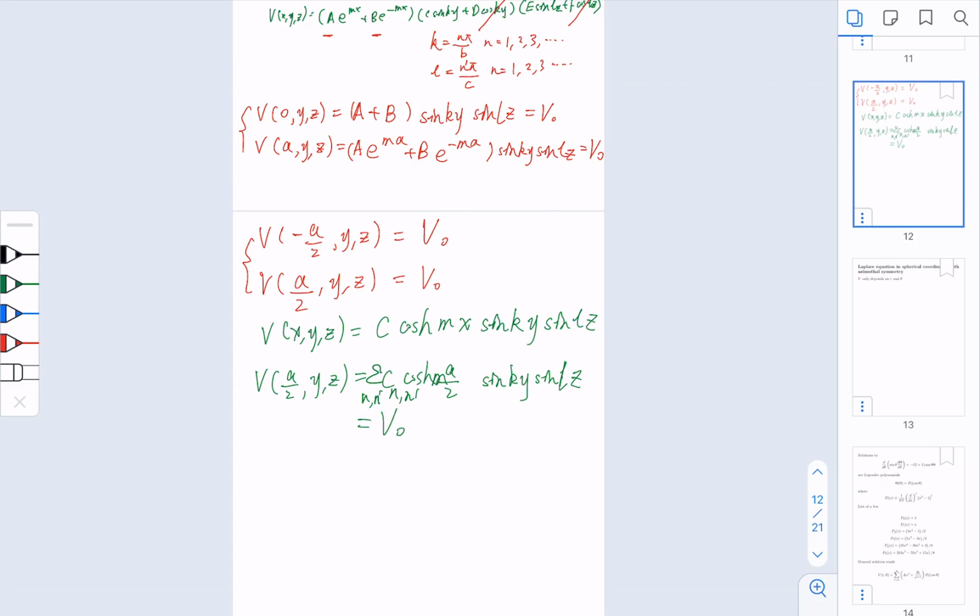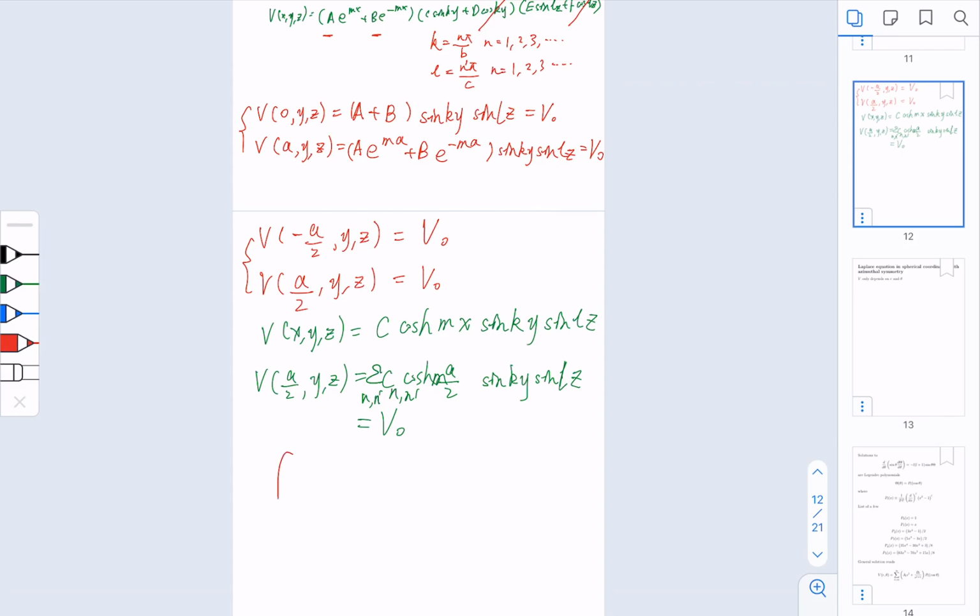So this is actually a 2D Fourier series. And the way of determining the coefficient C n n prime is exactly the same. So we apply the exact same trick as before.